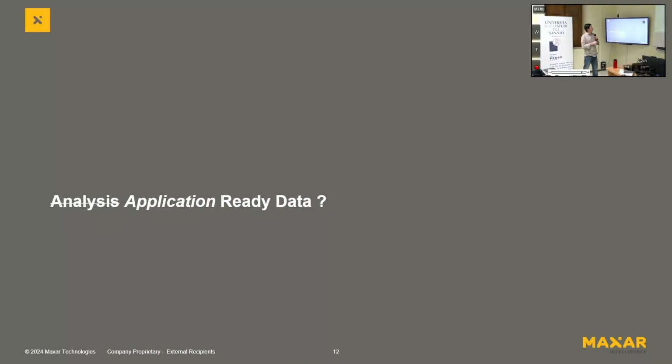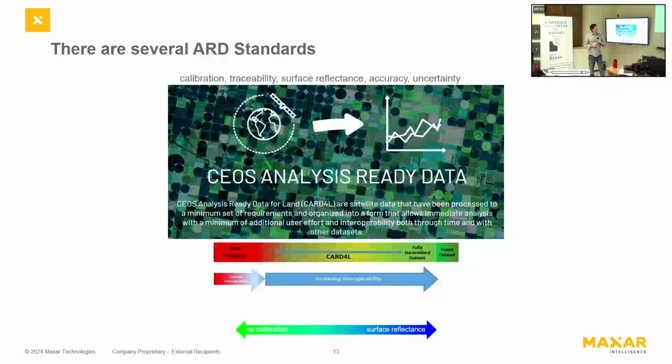Okay, we talk about analysis ready data, and we're kind of switching gears here. So I think application ready data is probably more useful. I was talking to someone earlier about how there have been many, many efforts in the community to create an ARD standard.